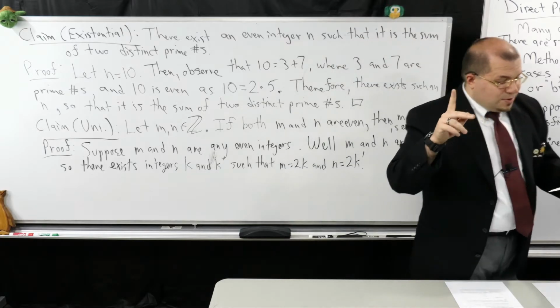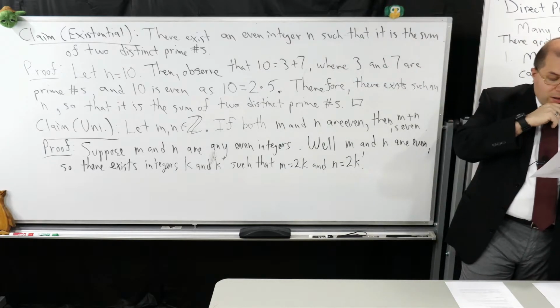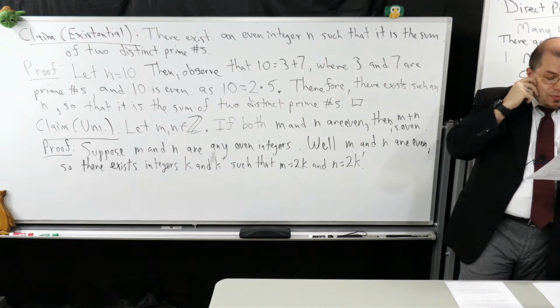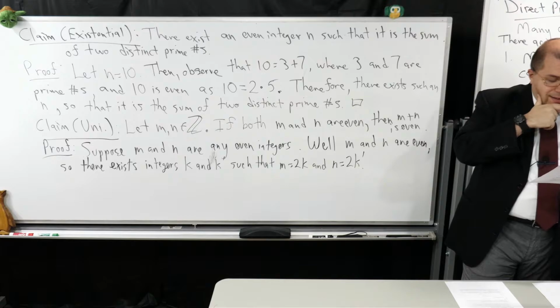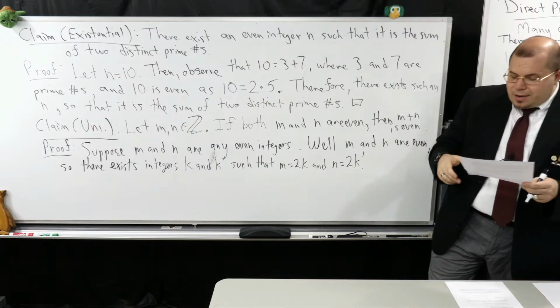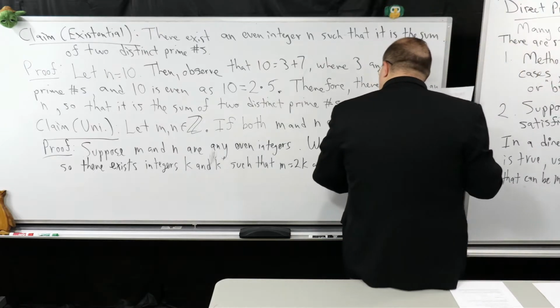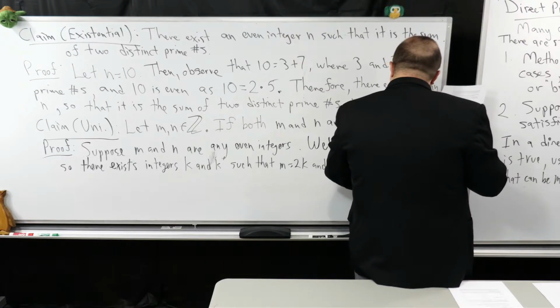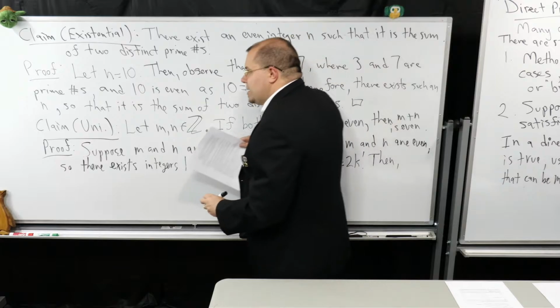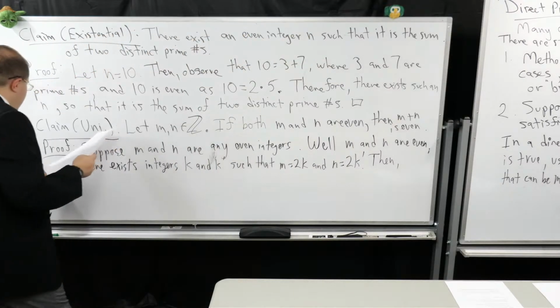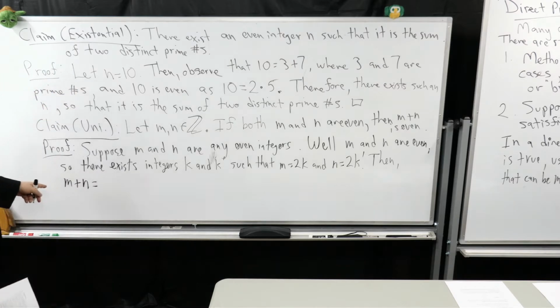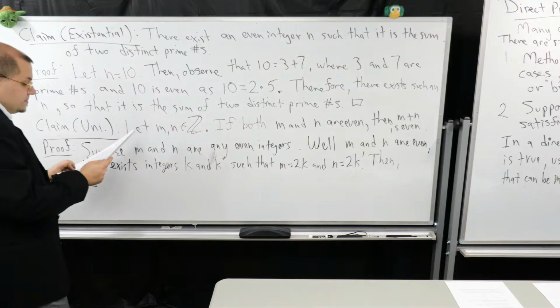So now watch this. All I need to do now is I need to just write them in a form that's really nice, right? Then, well, what does it mean if I add m and n? m plus n is equal to what? I'm going to substitute m and n for 2k and 2k prime, right?